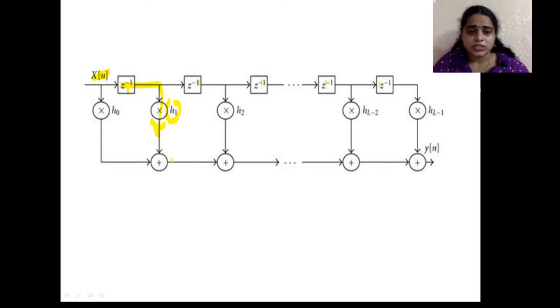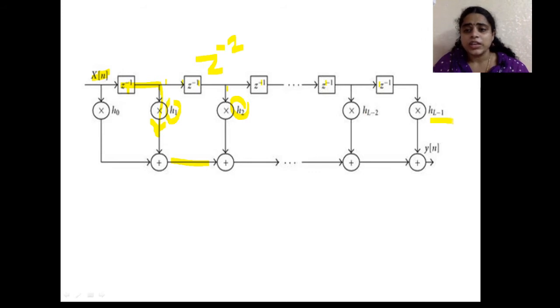After that, at the next Z inverse, they both come together and form Z power minus 2. After Z power minus 2, h2 will be there, so h2 into Z power minus 2, and so on.